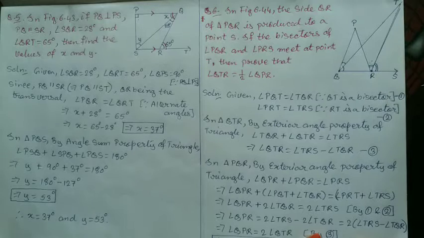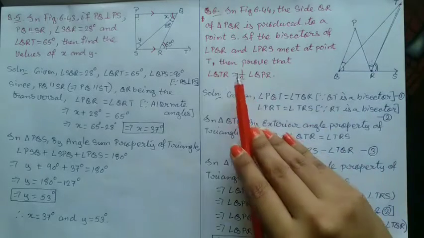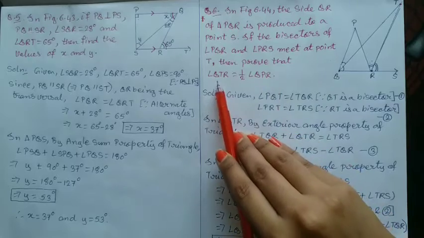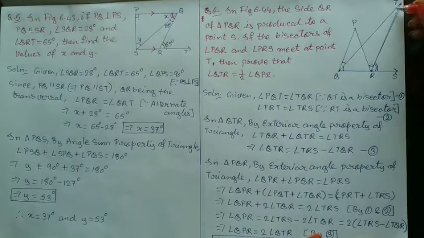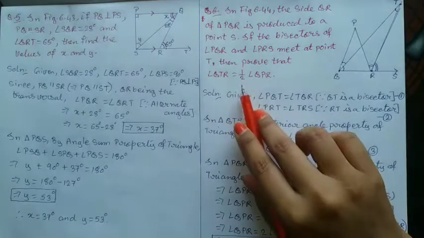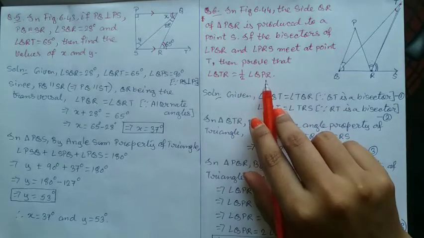Now they have said that these two bisectors QT and RT will meet at a point, and that point is T. So now what we have to do? We have to prove that angle QTR, this is QTR, will be equal to half of QPR.